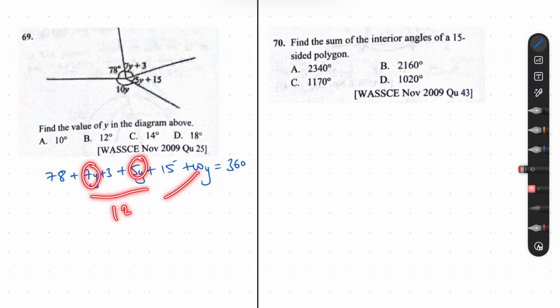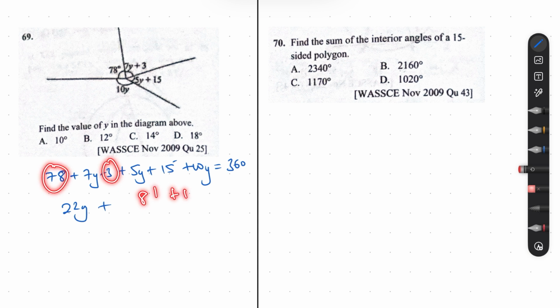Then plus 10y, that will give us 22y. So we have 22y plus 78 plus 3, which gives us 81, plus 15 gives us 96, right? So we have 96 plus 360.